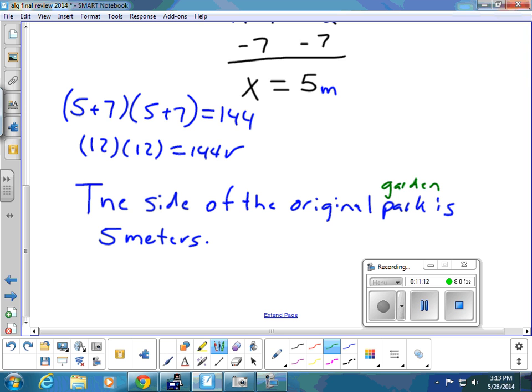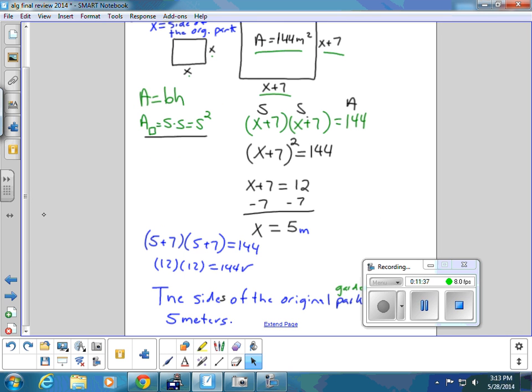The side of the original garden is 5 meters, and each one is 5 meters because it's a square. So we could write the sides of the original gardens are 5 meters. Okay, for time purposes, I'm just going to cross that out and write it like that. So I'll back this out so you can see the whole thing.